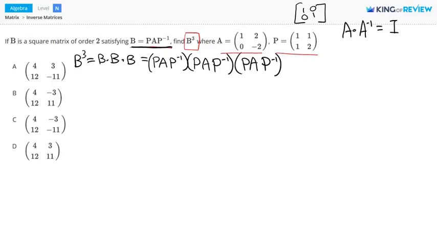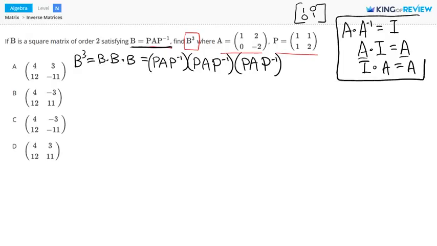One feature of the identity matrix is that if you multiply a matrix times the identity matrix, the product is the original matrix. You can also have I times A, and this will equal A. So I want you to keep this information in mind when we're solving this problem.